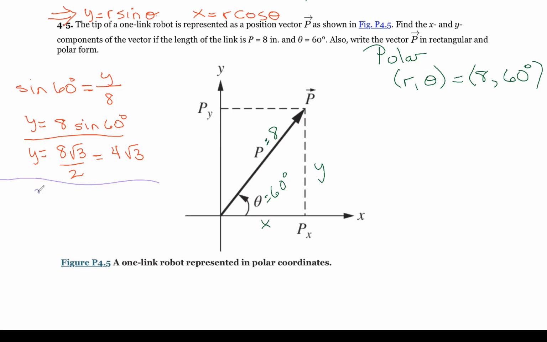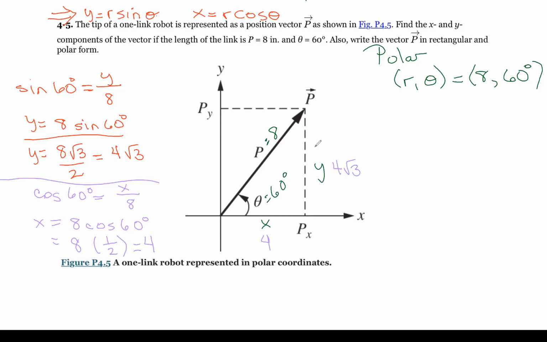We have cosine of 60 degrees equals adjacent over hypotenuse, so x over 8, or we could say x equals 8 cosine of 60 degrees, which is equal to 8 times 1/2, since cosine of 60 degrees is 1/2. X equals 4.